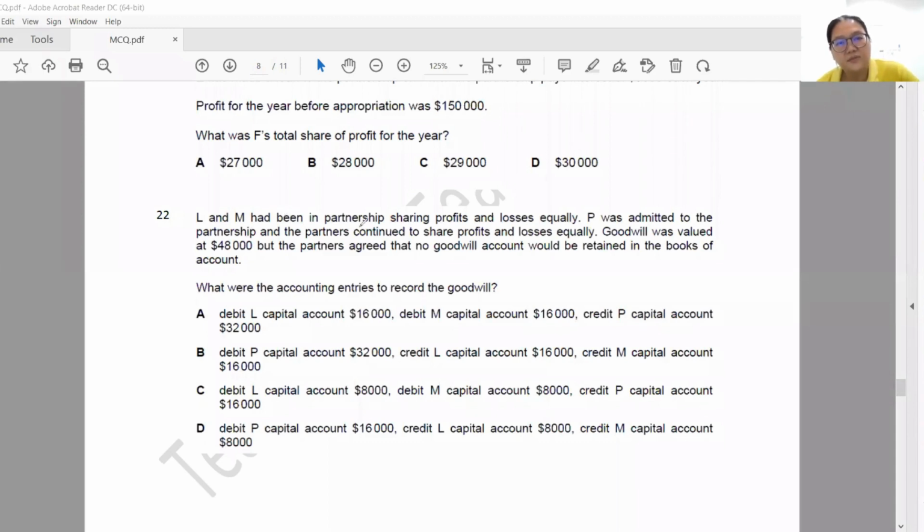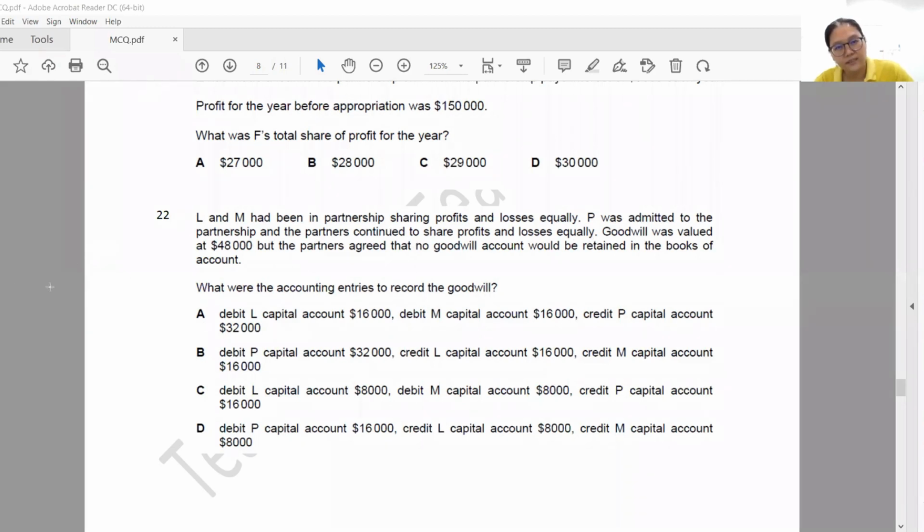L and M have been in partnership sharing profit and loss equally. P was admitted to the partnership and the partnership continued to share profit and loss equally. Goodwill was valued at 48,000, but partners agreed no goodwill account will be retained. What were the accounting entries to record the goodwill?